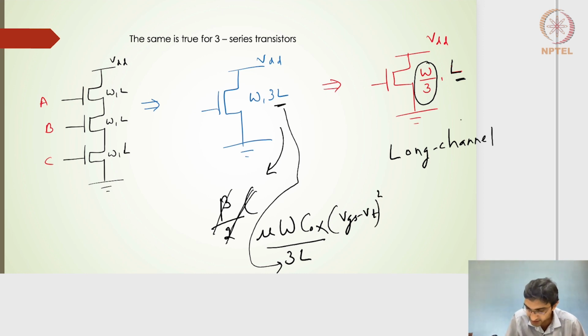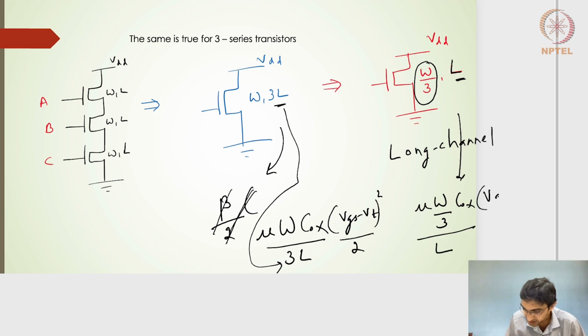The long channel current for this particular transistor is also mu W by 3 C oxide divided by L, and then VGS minus VT the whole square divided by 2. Of course, there is a 2 here, so I forgot that. If I look into both these expressions, W divided by 3L and W by 3 divided by L, both of them turn out to be the same.